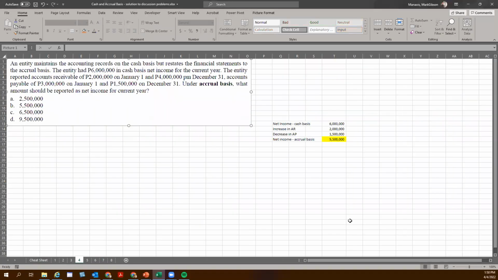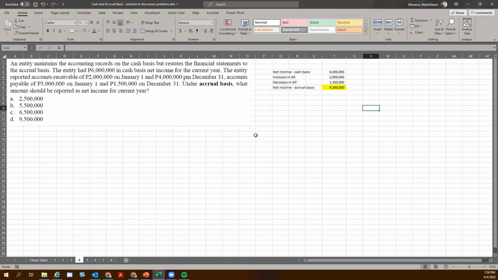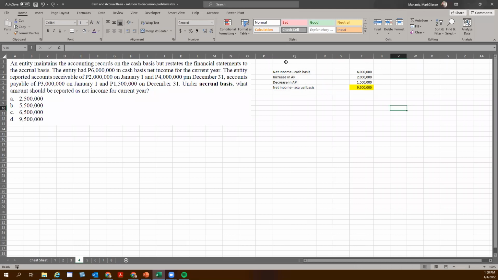Ito class, pansinin, taas ko lang to dito. Pansinin na ang given sa atin is the net income under the cash basis. So all we have to do is account for the increase and decrease in AR and AP. So in this case, punta muna natin yung AR.